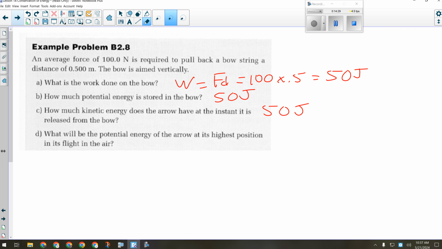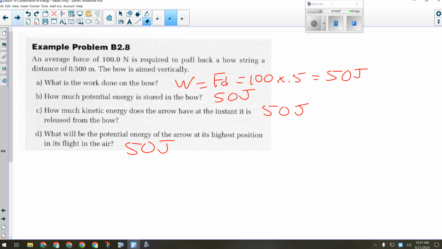If this is shot straight up in the air, how much energy does the arrow have at its maximum height? 50. Okay? But all of it would now be potential. Because when you throw something or shoot something up into the air, when it's at its maximum height, just before it turns and falls back down to earth, how fast is it going? 0.